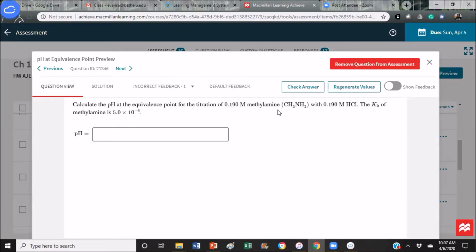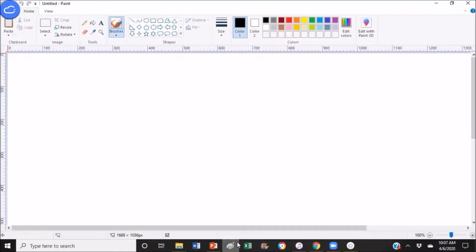So we're going to have to figure out what the acid concentration is and then work backwards. I'm pulling up Paint so I can start working on this. You're going to have a basic chemical equation, so let's start with it.